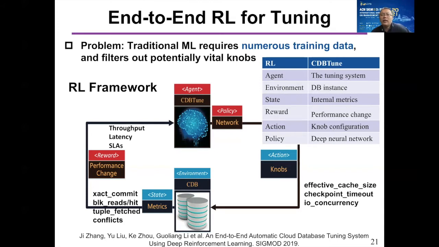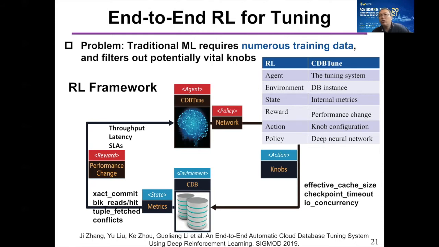When we apply the action, we run the workloads on the database, and the database will report some metrics, for example, the transaction commit number, the tuple fetch number, and the conflict number. Based on the metrics, we can capture the correlation between knobs and metrics, and we can also get the performance change after we do the action. In this way, we capture the correlation between the knobs and the performance, and between the knobs and the metrics. In this way, we utilize the correlation to choose new knobs.